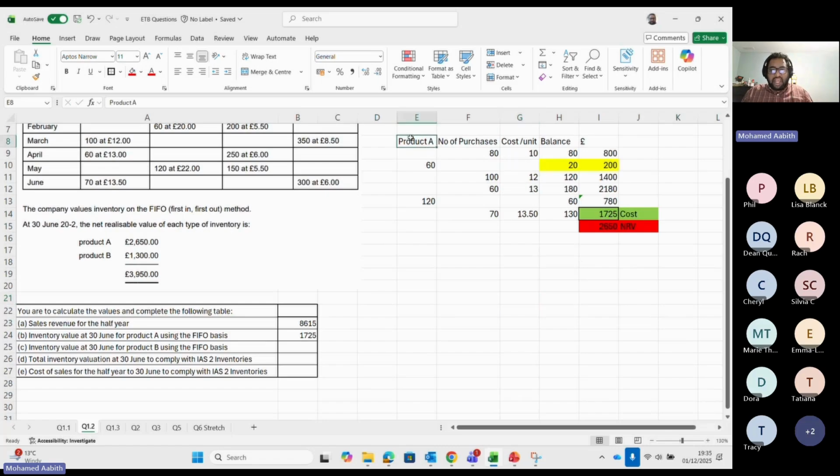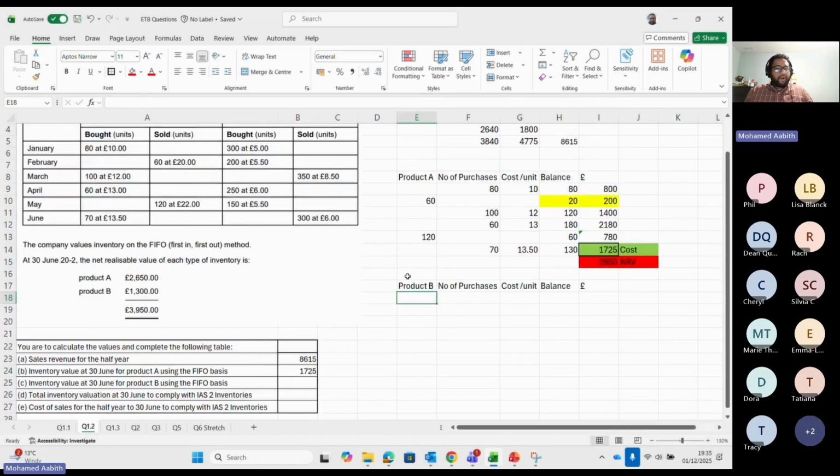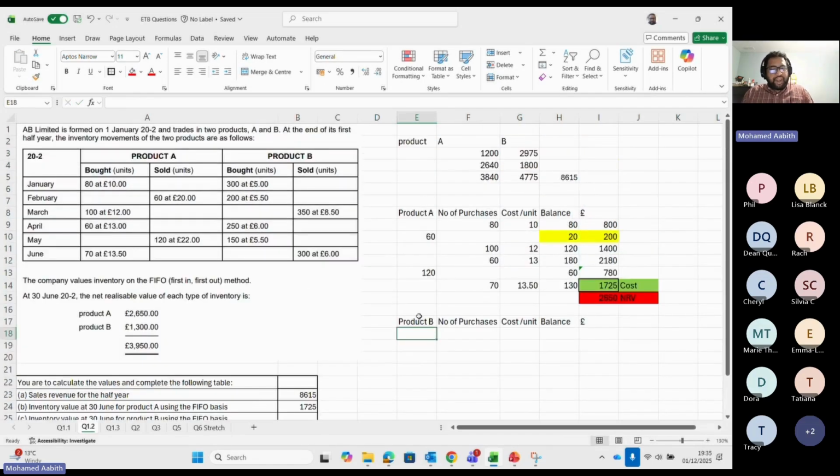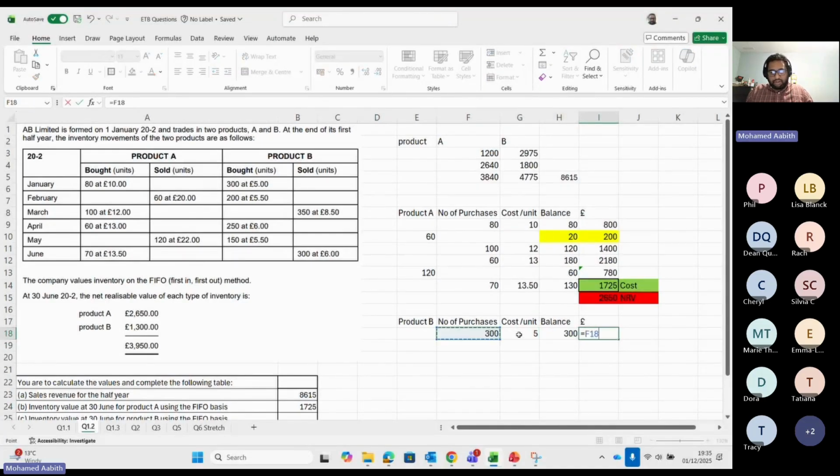Now let's do the same thing to product B. For product B, it will be slightly different. Now, product B, we bought 300 items. So here, purchase 300 at £5. What is the balance in that case? 300 items, and that times that number gives you 1,500.